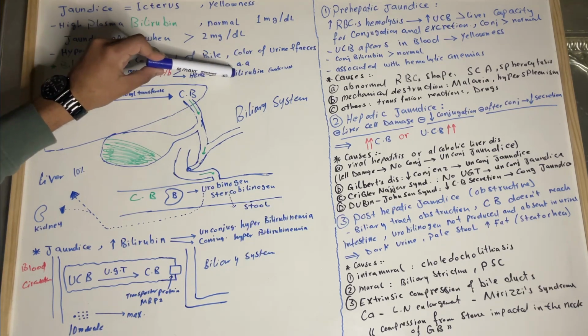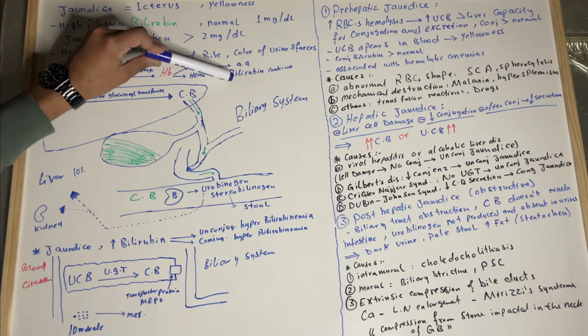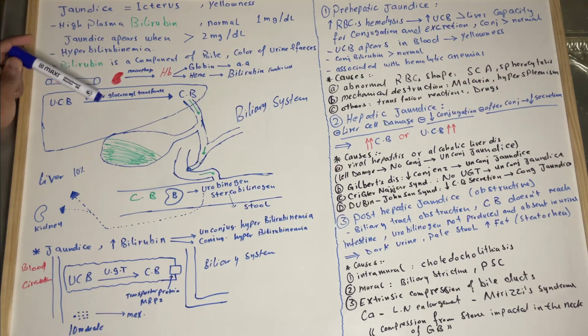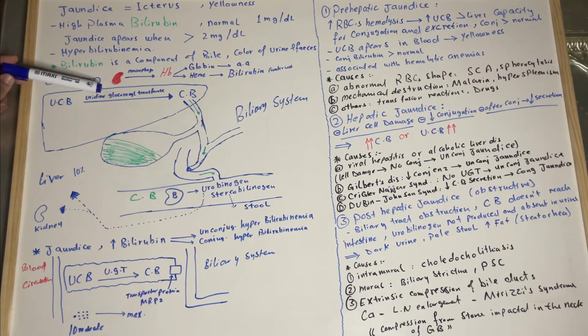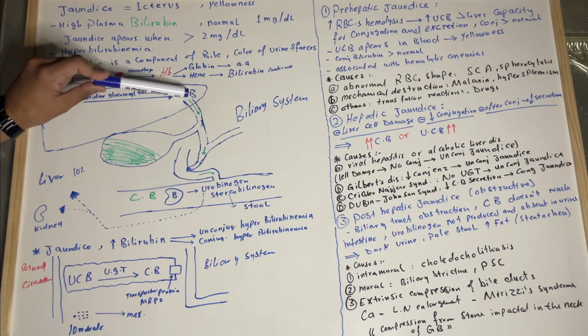Here, the bilirubin binds to albumin and is transported into the liver, where the conjugation takes place. So unconjugated bilirubin inside the liver or hepatocyte, through an enzyme called glucuronide transferase, is converted into conjugated bilirubin.